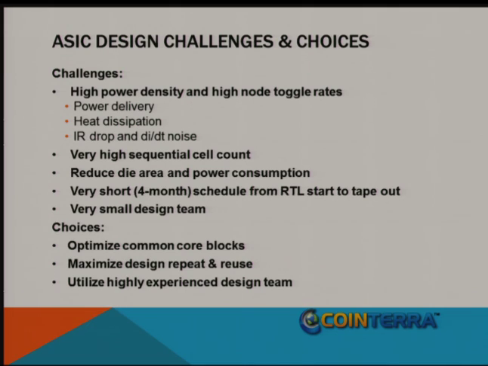The SHA-256 algorithm results in very high toggle rates. Toggle rates over 80% are common on all our data paths. Because of this, power density is very high, and delivering power to the die and cooling it was a challenge. However, the design choices we made mitigated those problems.